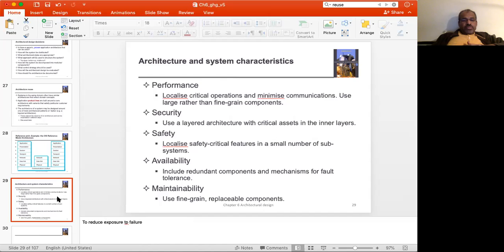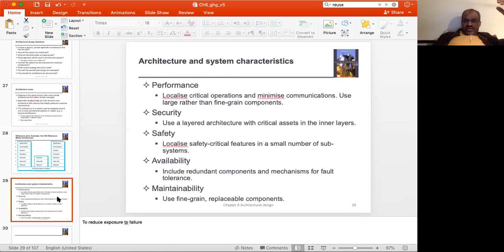For example, the performance objective might mean that you minimize communications and place as many components as possible on single nodes, to reduce communication overheads. But that would compromise something like availability, because if that component breaks down, you've lost your system.